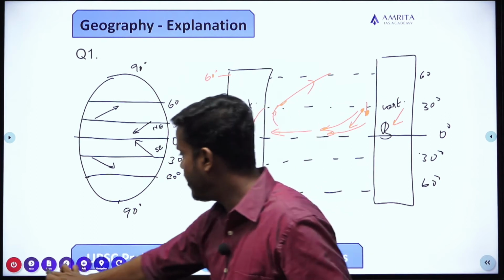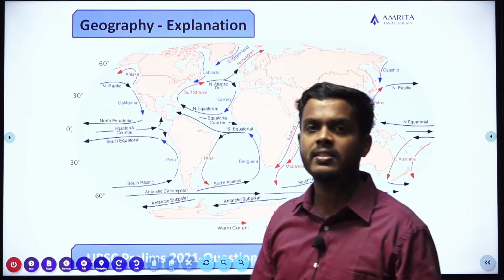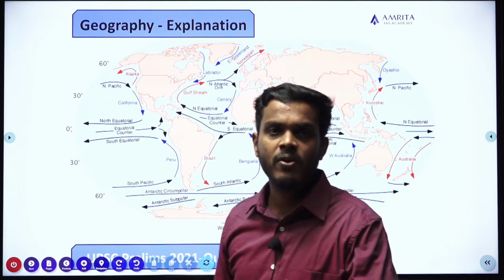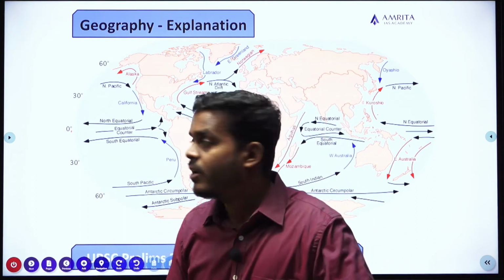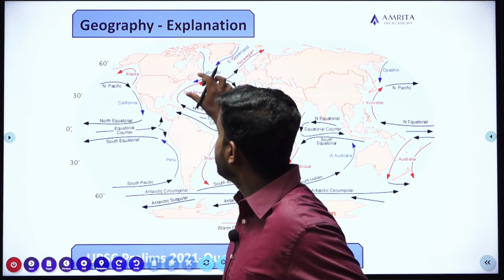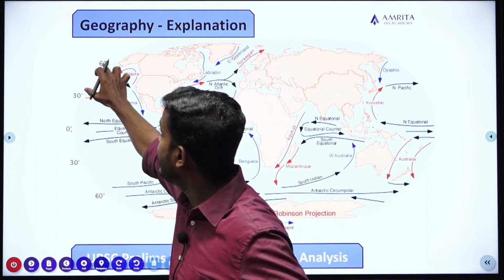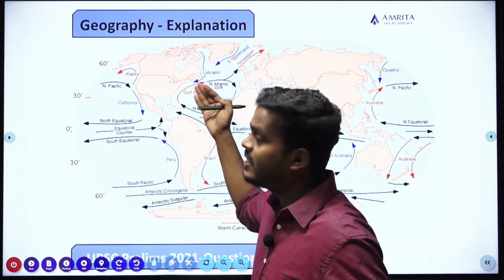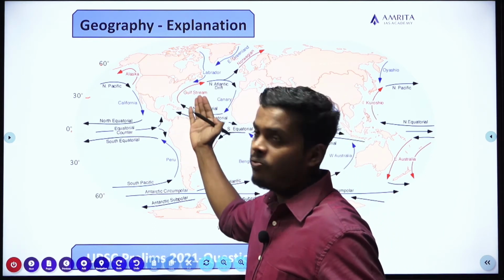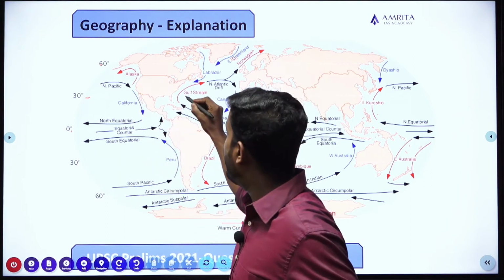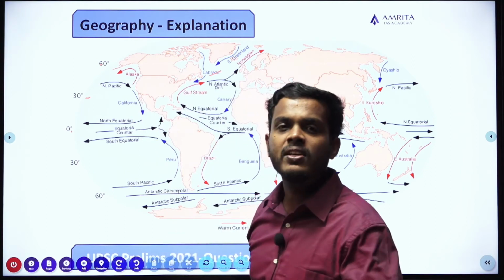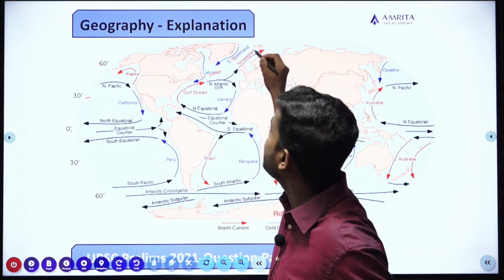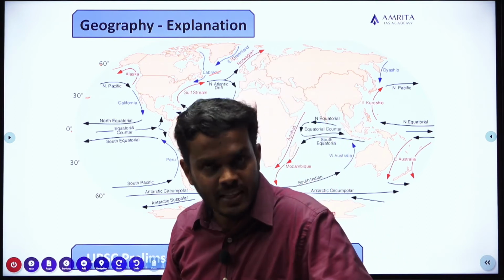Okay, that will be easier to understand in the world map. Here we have the Gulf Stream in the western part of the Atlantic Ocean. Now we have westerlies between the latitudes of 30 degree and 60 degree. Now what happens? The warm water in this particular area, the western part of the Atlantic Ocean, will be pulled away by the westerly winds from the western part of the ocean to the eastern part of the ocean.